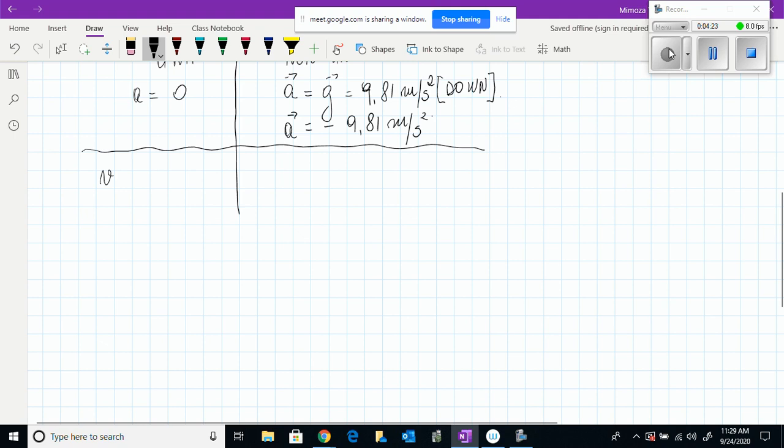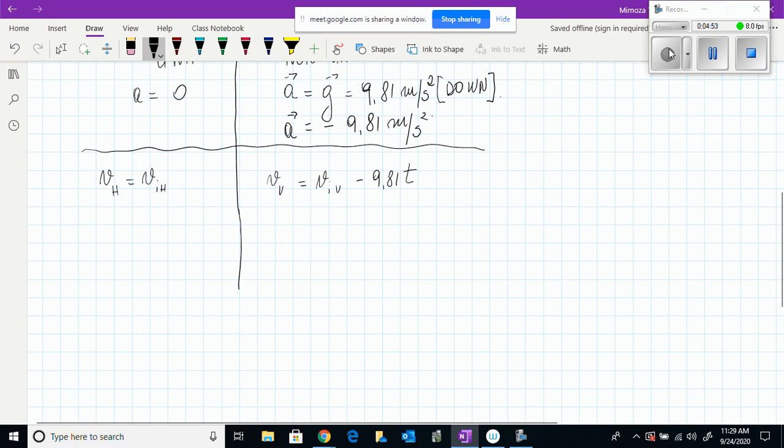And then we have the horizontal velocity, since it is constant, we are dealing with a uniform motion, will be whatever is the horizontal component of the initial velocity. And the velocity on the vertical axis will be v initial vertical minus 9.81 t.